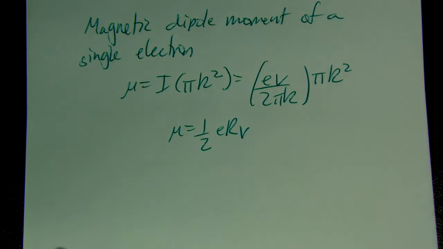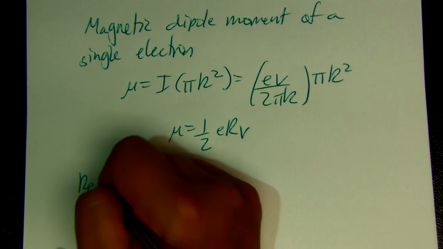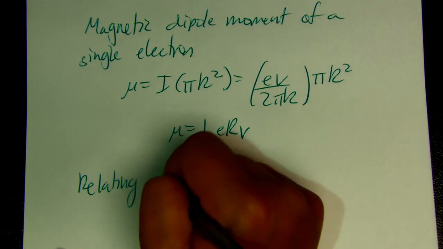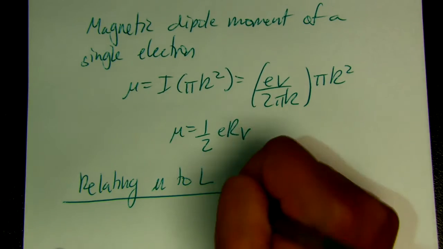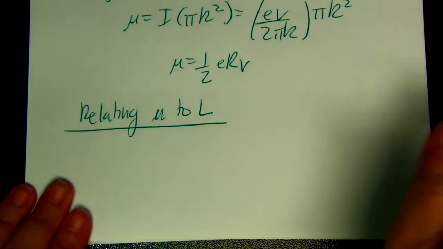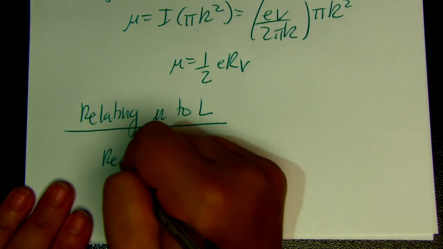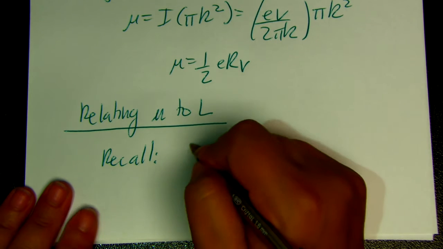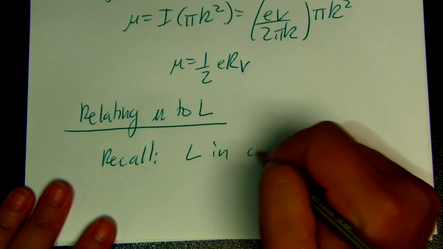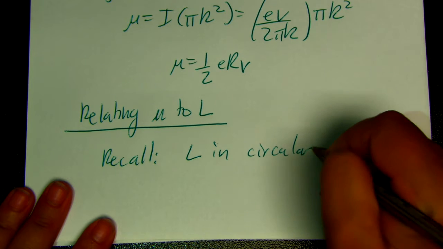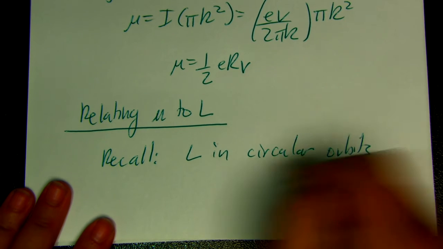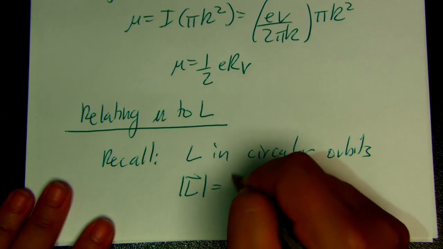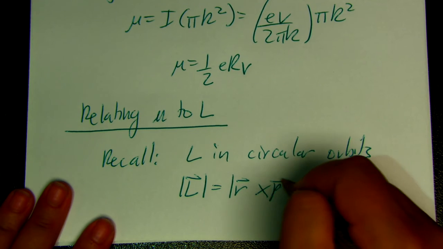Now, we need to relate this to angular momentum. If you recall, L in circular orbits is r cross p.